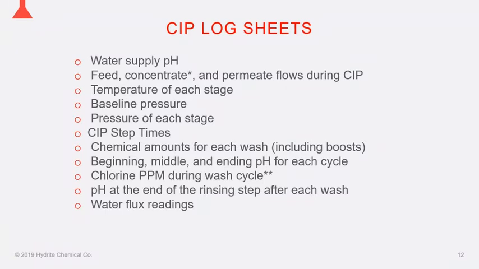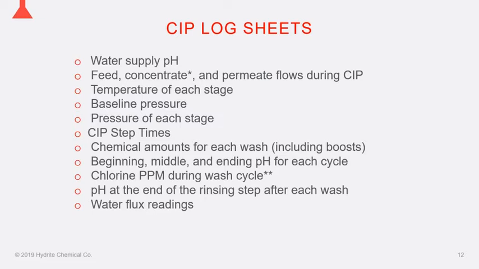Lots of these systems will also, in order to get enough cross flow across that baseline, have bypasses around that concentrate flow meter and valve. So that reading may not be representative of the total flow.